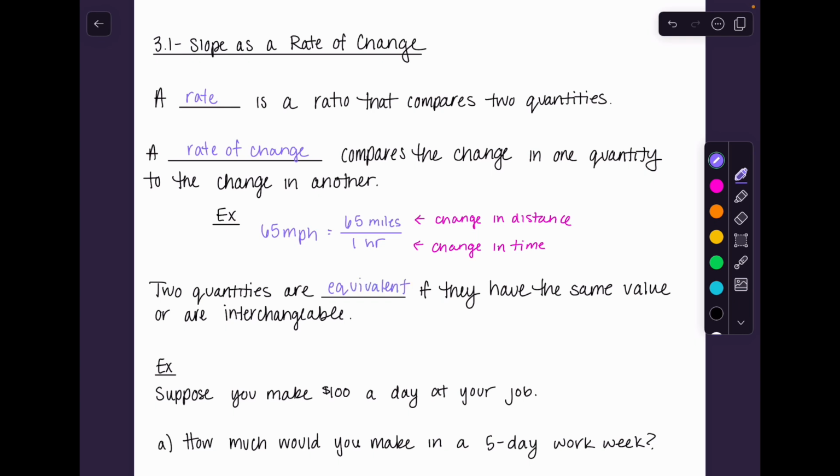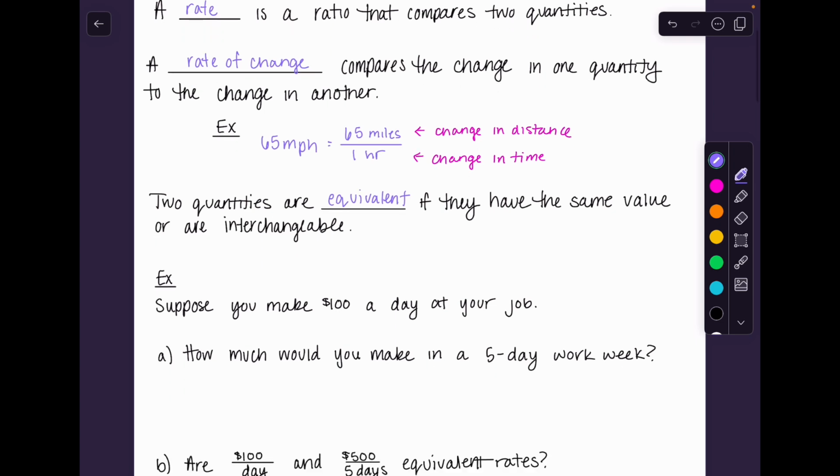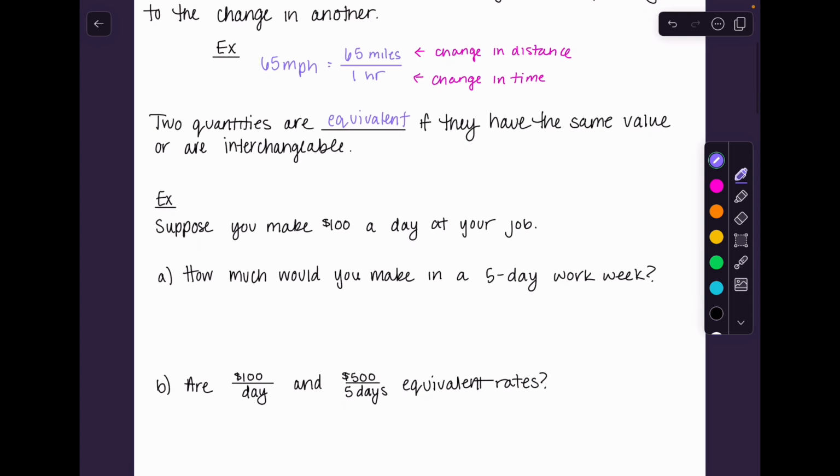or are interchangeable. Okay. So let's work with an example with hourly pay or daily pay. Suppose at your job you make $100 a day. If you're then asked how much you're going to make in a 5-day work week? Well, you're making $100 a day. You're working for 5 days.